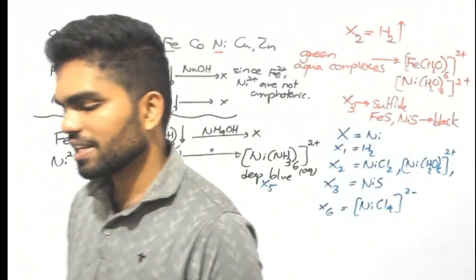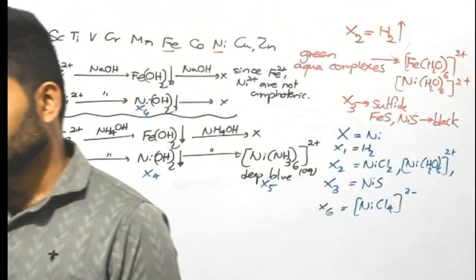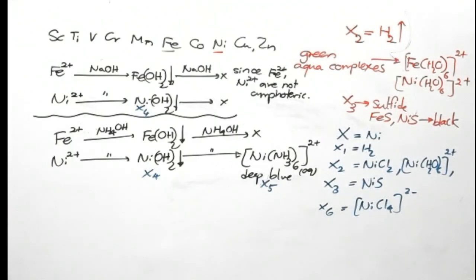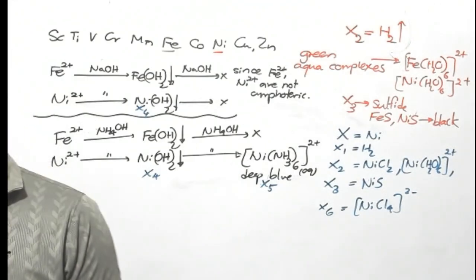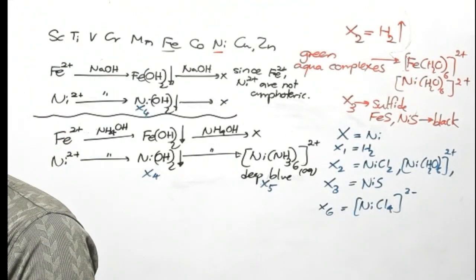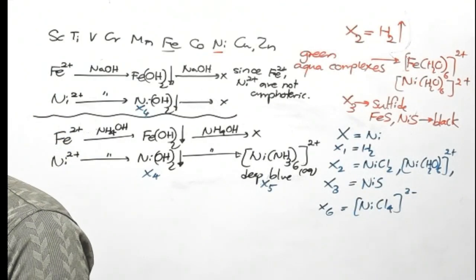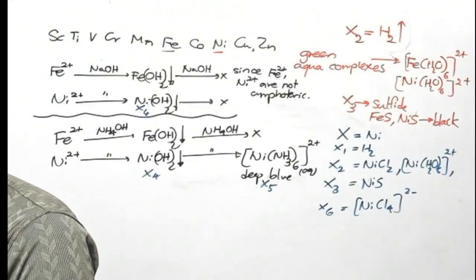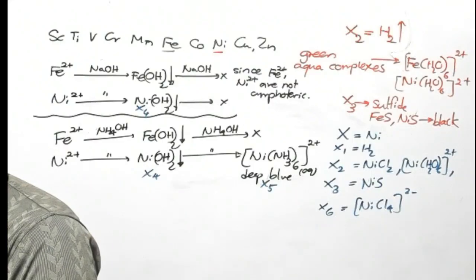Use all simple letters. When you write hexaammine, it has two a's and two m's. You need to pay attention to those small details too. And I hope you understood pretty well. So that's how it goes for the second structure. Okay?